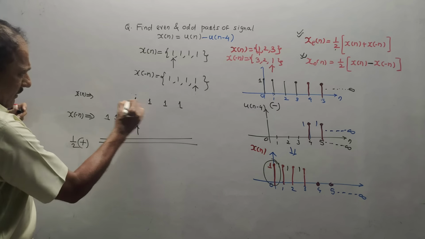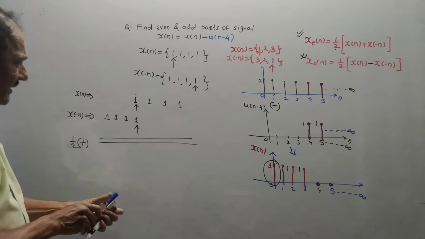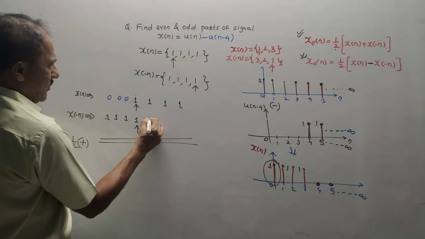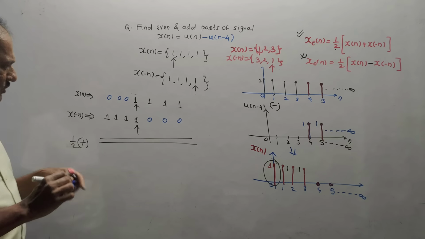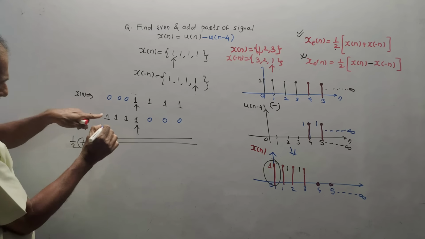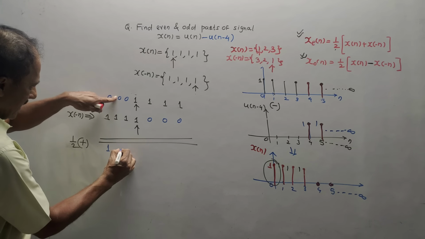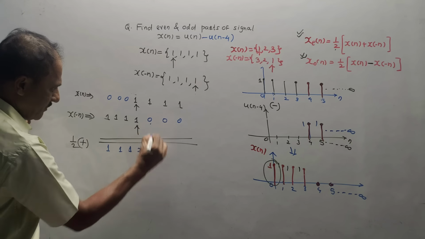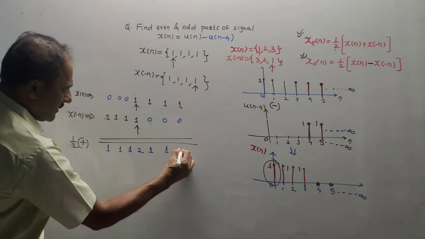Look here, whatever values I have not written, mark zeros over there, 0, 0, 0. Same way, wherever I haven't written values, I will mark zeros. Perform addition. After performing addition, I get 1 and 0, 1; 1 and 0, 1; 1 and 0, 1; 1 plus 1, 2; this is 1 plus 0, 1; this is 1, this is 1.